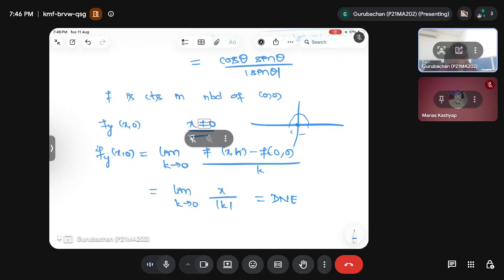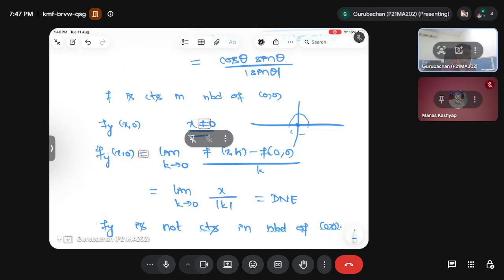So if this does not exist, that means f y is not continuous. Can we say that? Yes, sir, obviously. In the neighborhood of 0 0, if it is not continuous in the neighborhood, it is not even continuous around 0 0, you can say.